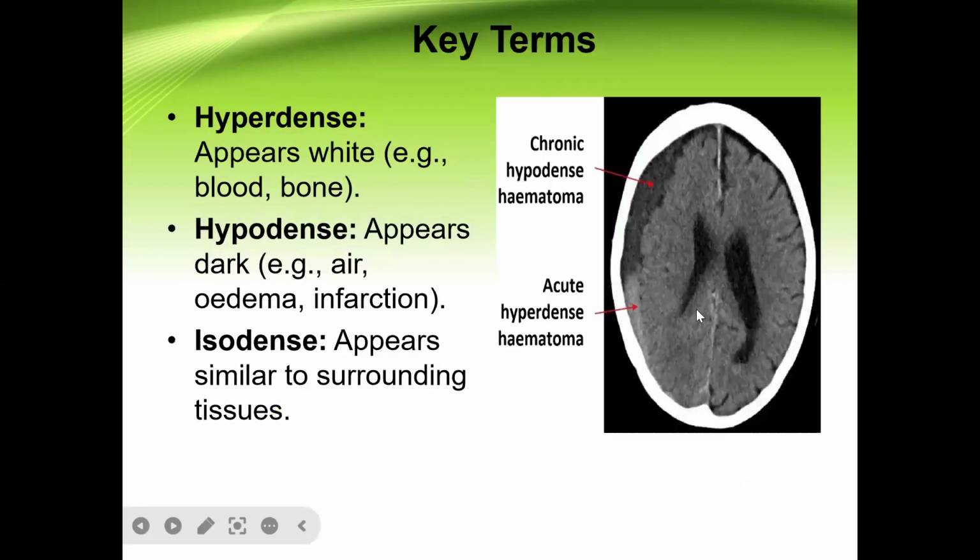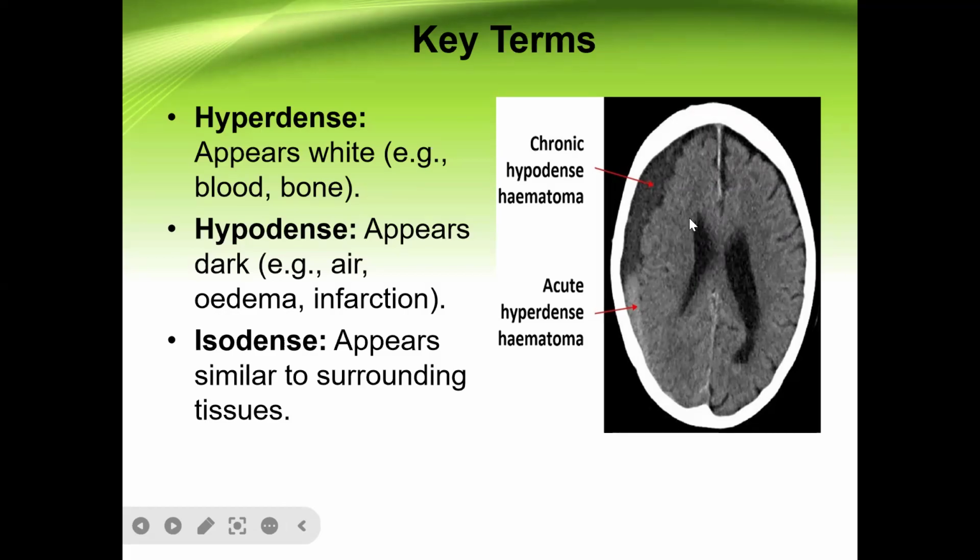So these are the key terms. I want you to look at the image on the right. The first arrow, the upper arrow, is showing a hypodense lesion, hypodense because it appears dark in relation to the brain itself. The brain is isodense.